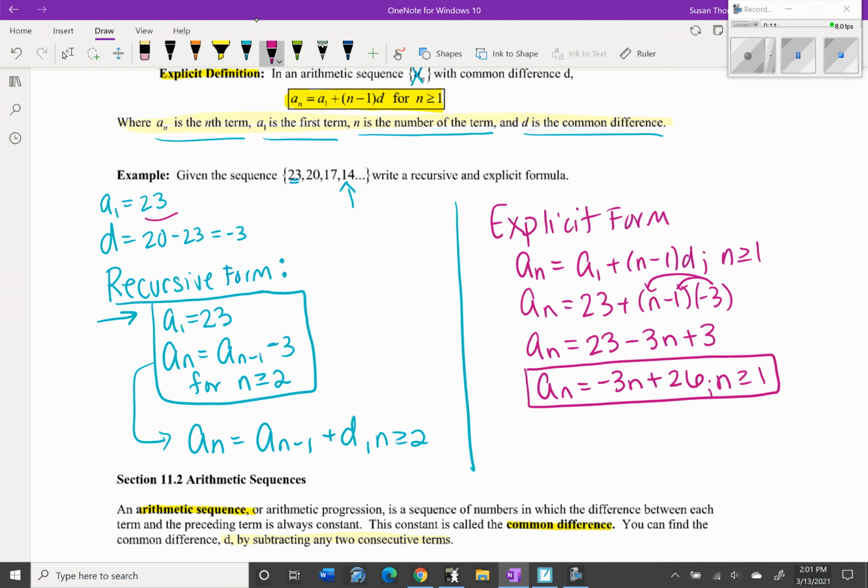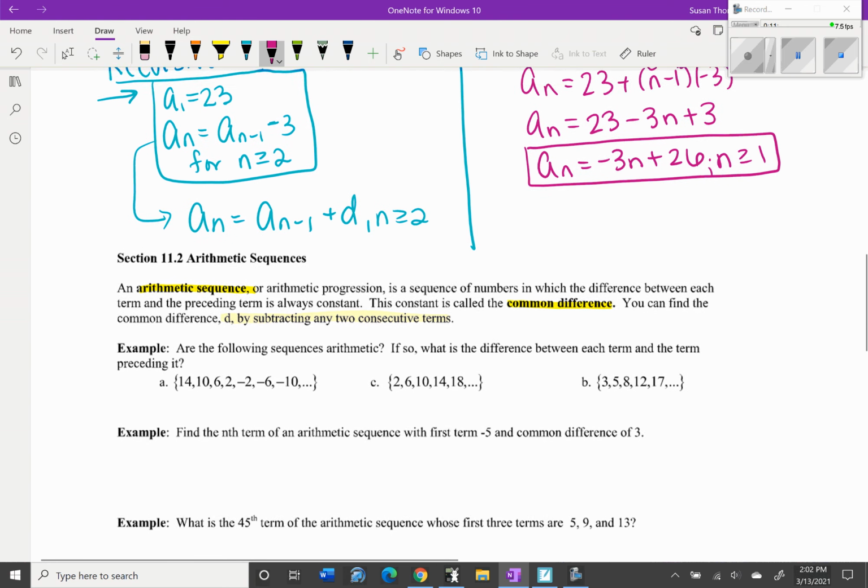And so why do n values have to be greater than or equal to 1? Because we're using a first term over here. If we were using a 0 term, then it would be n greater than or equal to 0. So just kind of keep that in mind. It does change based upon whatever your first term is, but most of the time, like I said, you're going to use your first term as 1, so n equals 1.